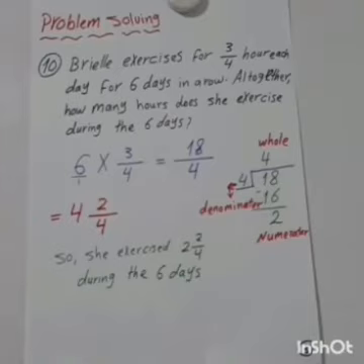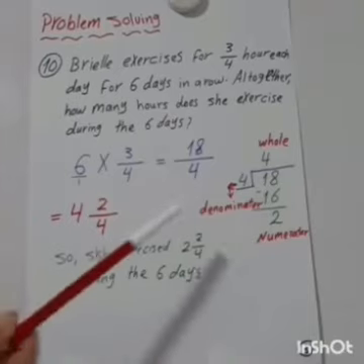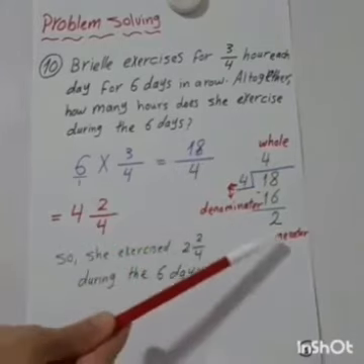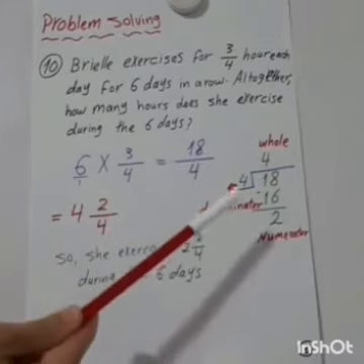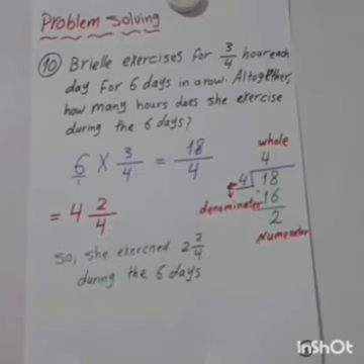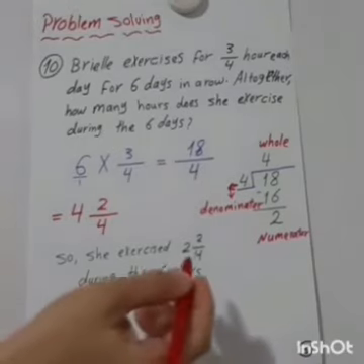And then I see the whole number is 4. The numerator is 2. The denominator will not change, it is 4. So she exercised 2/4. Oh, I'm sorry. No, it's not 2/4. It's 4.